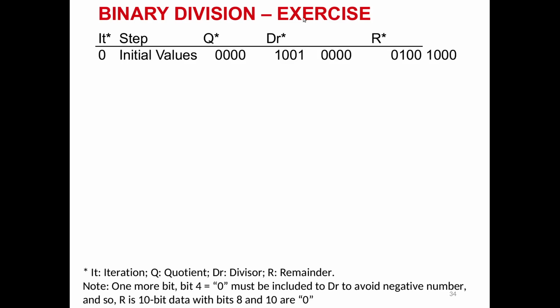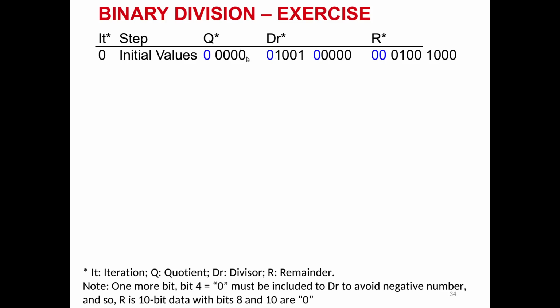And similar to our example, DR should be a positive number, so we need to add one more 0 in front of DR and one more 0 in the middle of DR, making the length of the left part and the right part of DR 5 bits, and totally DR is 10 bits here.